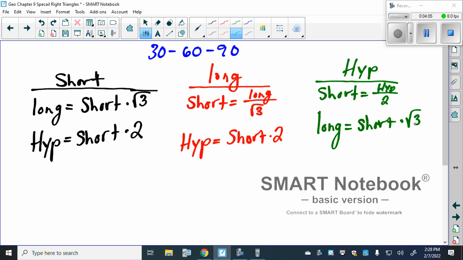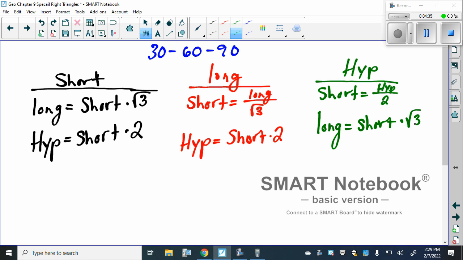So with the 30, 60, 90 right triangle, we're either multiplying the short side by 2 and then by the square root of 3, or we're given the long side length, so we divide by the square root of 3 and then multiply the short side length by 2, or we're given the hypotenuse, which we divide by 2 to figure out the short side length, and then multiply that by the square root of 3.